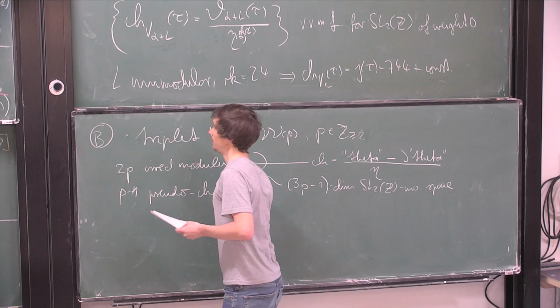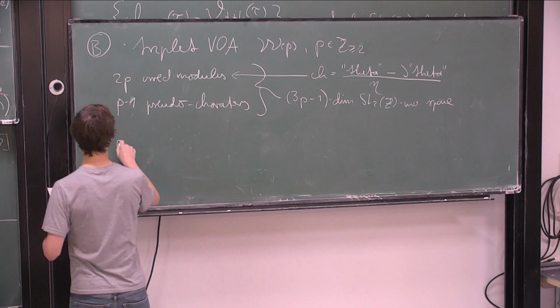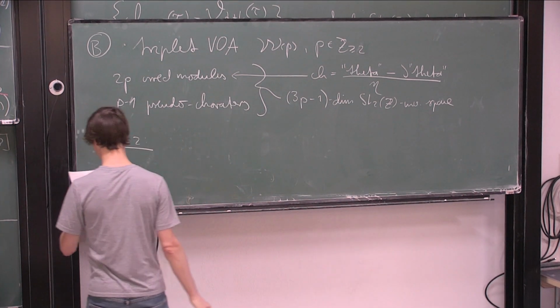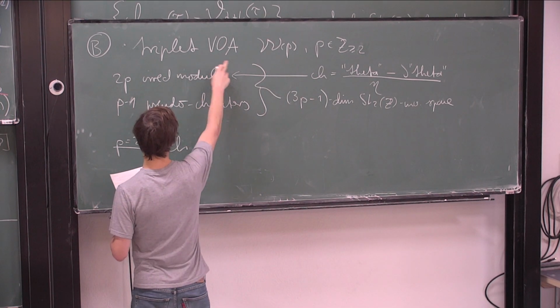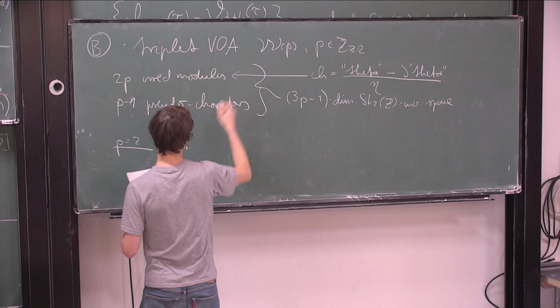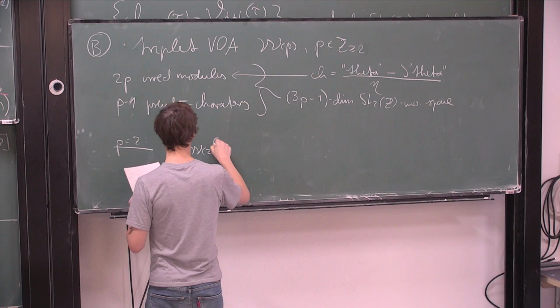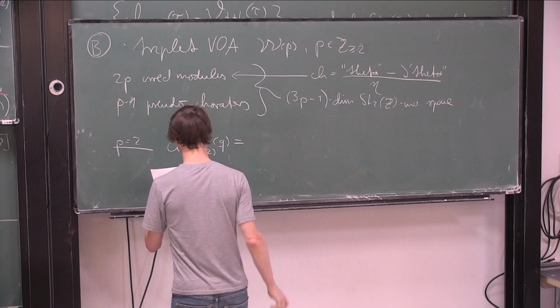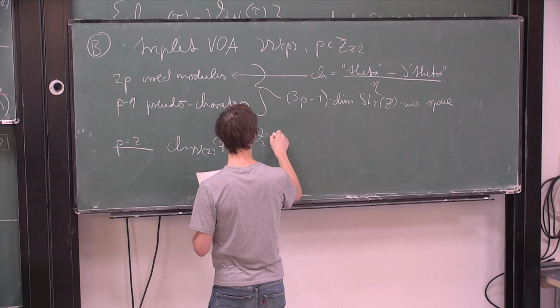I'm going to write down an example for p equals to 2 to make this very explicit. So for p equals to 2, let's say the character of the VOA itself, so that's the kind of the vacuum module or the adjoint module, looks like this. You have this in terms of the standard theta 2.